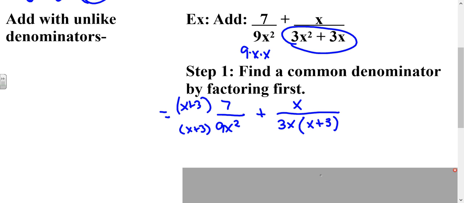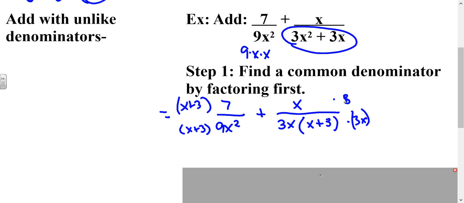Okay, this side, I have to somehow turn my 3x into a 9x squared. So I would need to multiply by 3, and then 3x times 3 would give me 9x, but I need another x because it has to be 9x squared. So I'm going to multiply the top and the bottom of these by 3x.